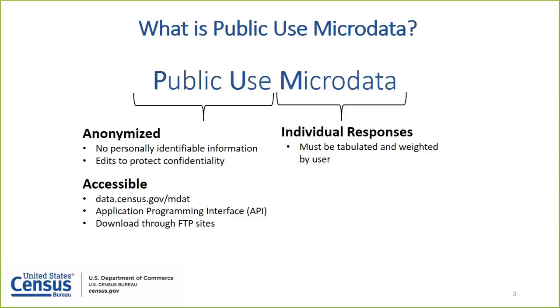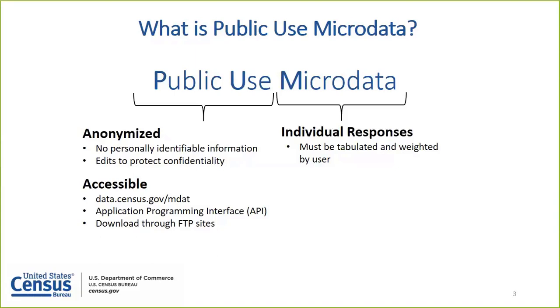So to go ahead and get started, what is public use microdata? Well, when we say public use, what we mean first is that, of course, all of the responses at the Census Bureau, we take extra measures to make sure that privacy and the identity of our respondents is confidential. So in terms of giving you the public use microdata, we have anonymized the data.